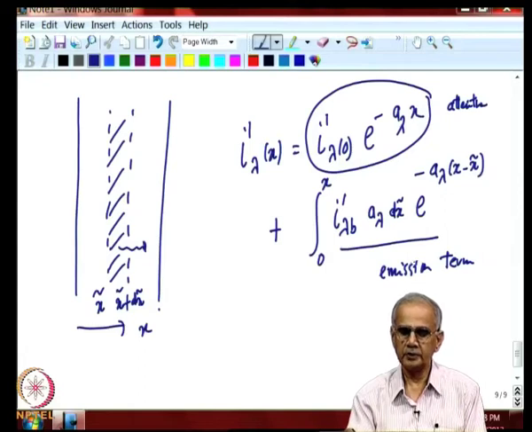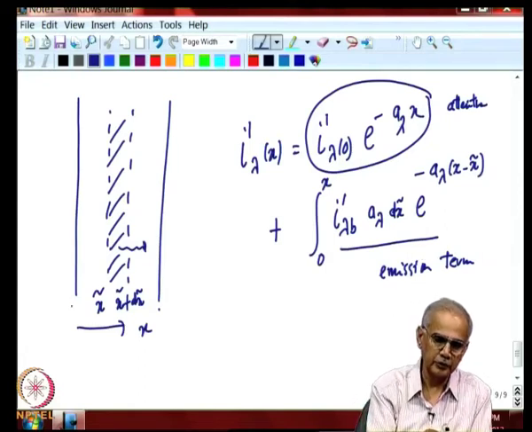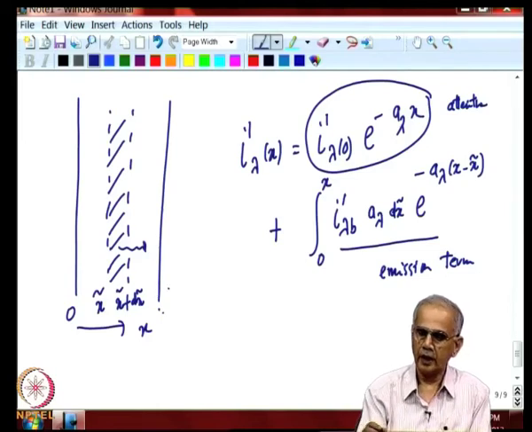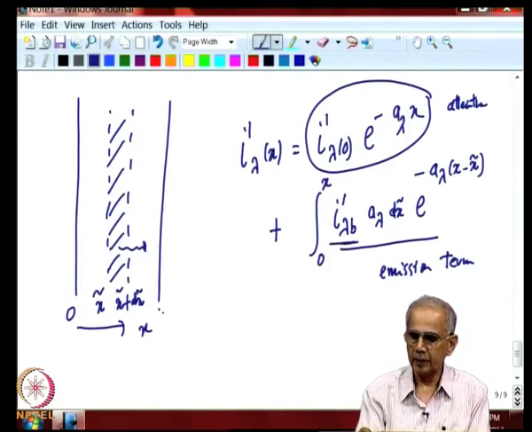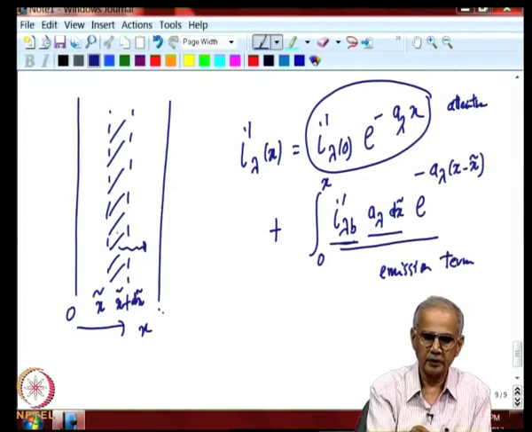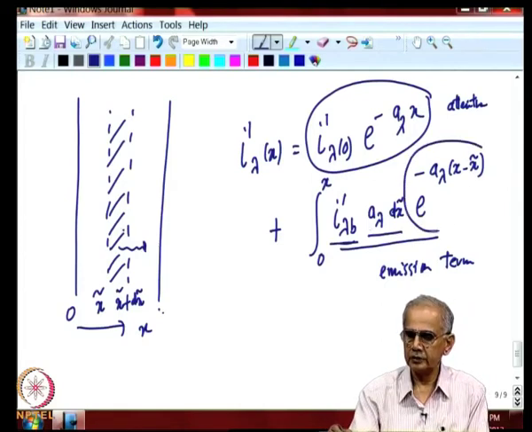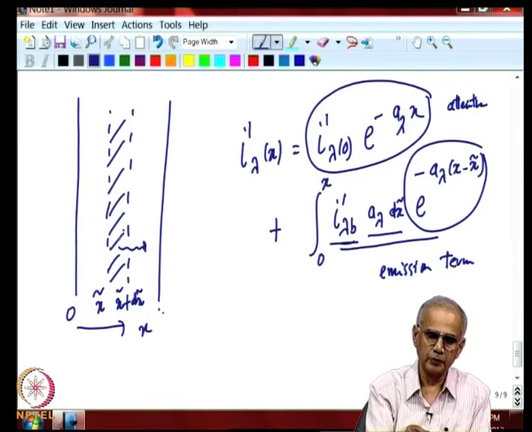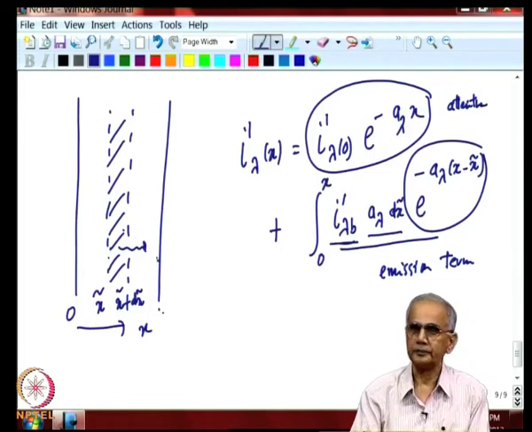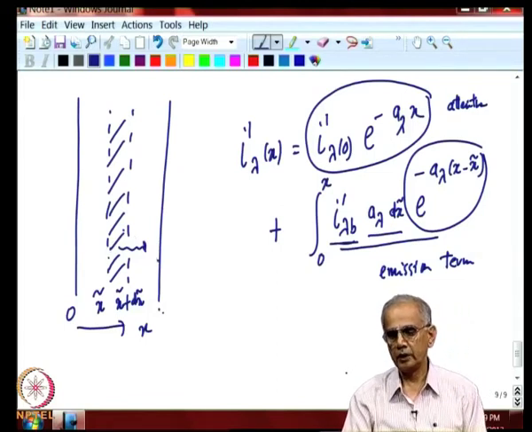The next term is emission by all gas elements between 0 and x, which reach x, and so this is the black body emission, this is the emissivity of that layer, and this is the attenuation which depends on the distance between this point and this point. Okay.